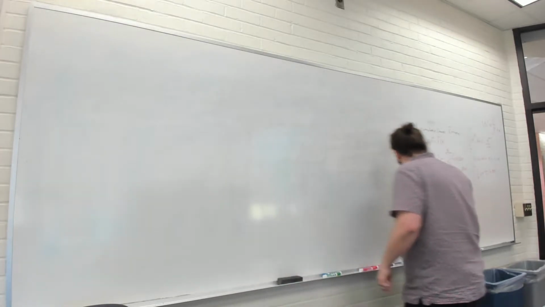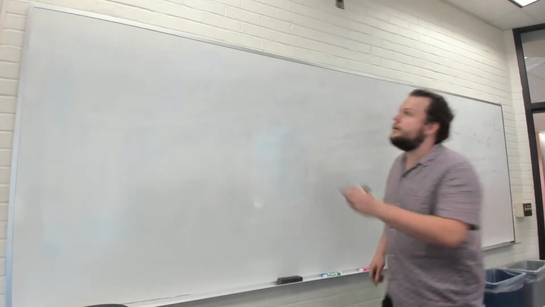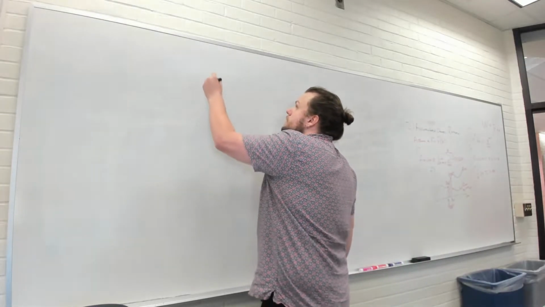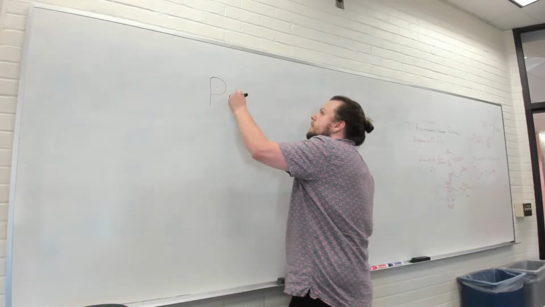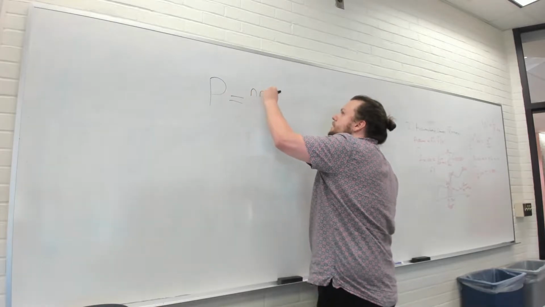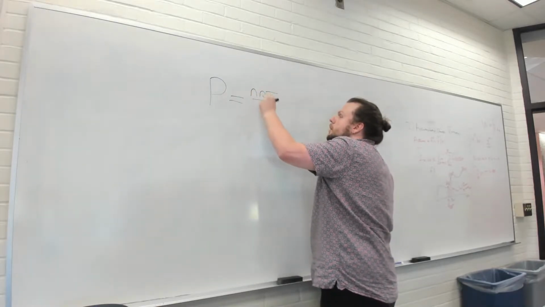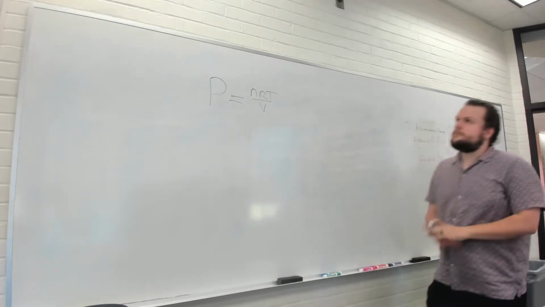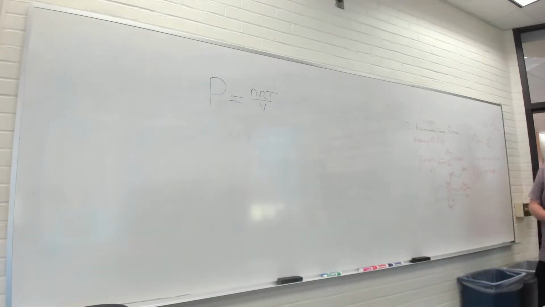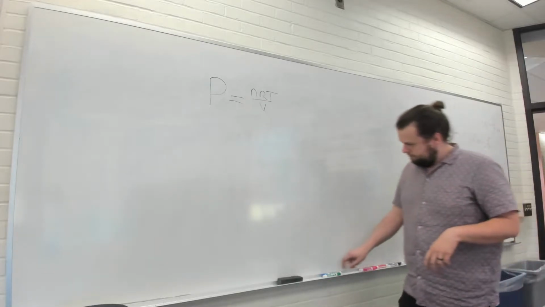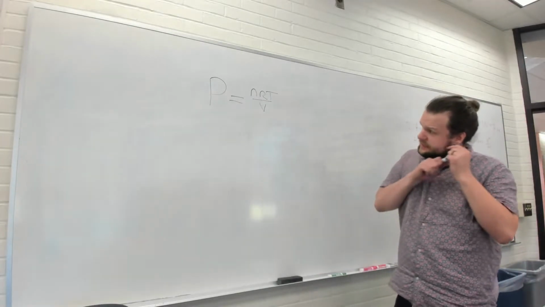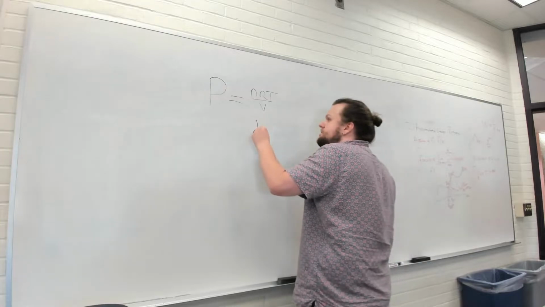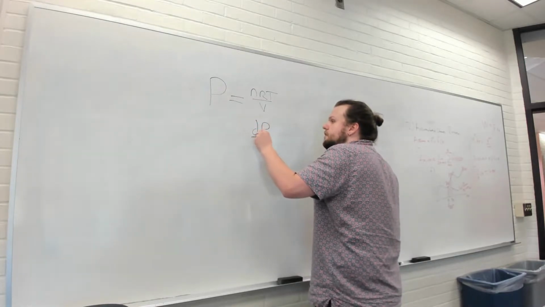Let's not use pink. I want to keep my pink alive for a while. All right, so here's the ideal gas law. P is equal to nRT over V. Whenever you want to take some derivatives of this function, how does P change as we change another variable? So for instance, let's consider how P changes as a function of temperature.